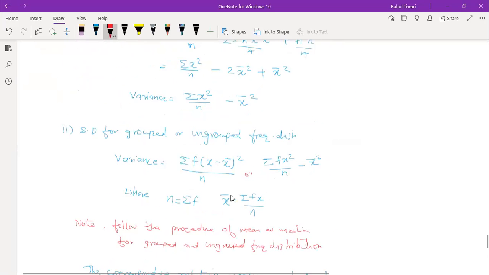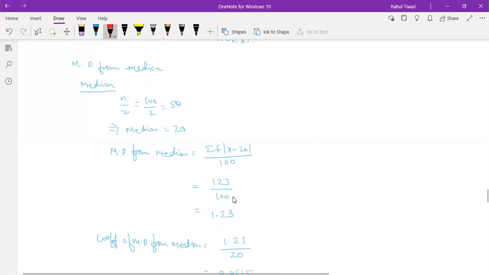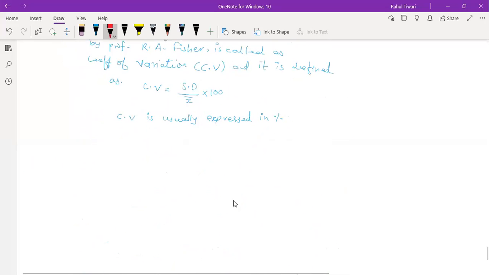So let's see the example. Example number 6 is done. Let's say example number 7.